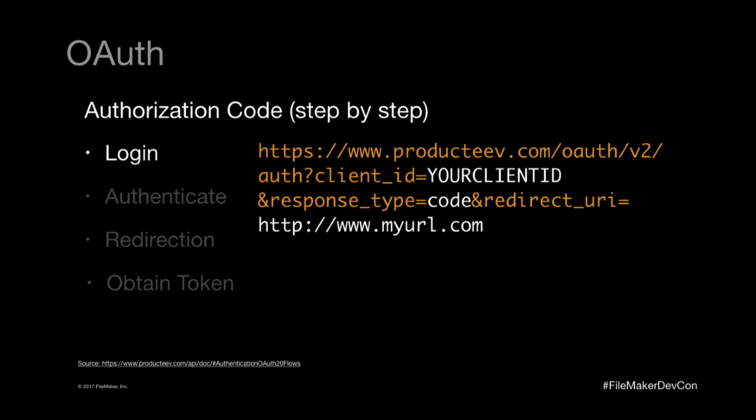So in the parameter response type, we are using code, which means that we are using the authorization code grant, and we have a redirect URL, which is this one.